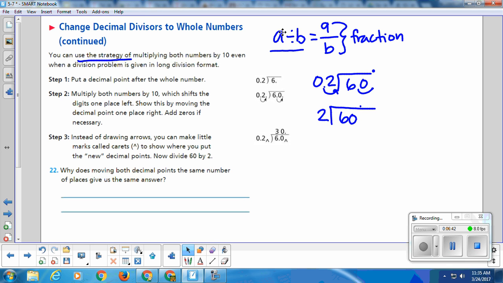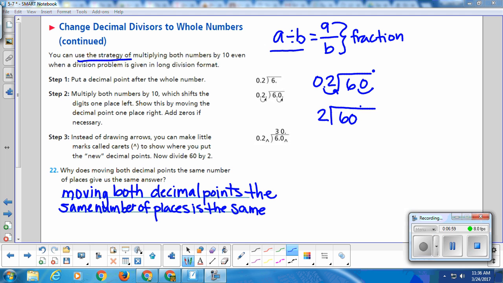So instead of drawing arrows, you can make little marks called carets to show where you put the new decimal points. So why does moving both decimal points the same number of places give us the same answer? Why do you think? Talk to a neighbor. What is moving both decimal points the same number of places? What is it the same as?